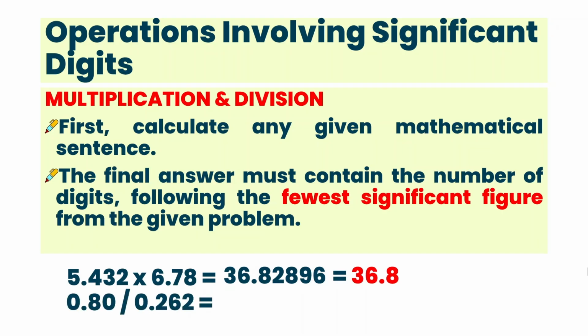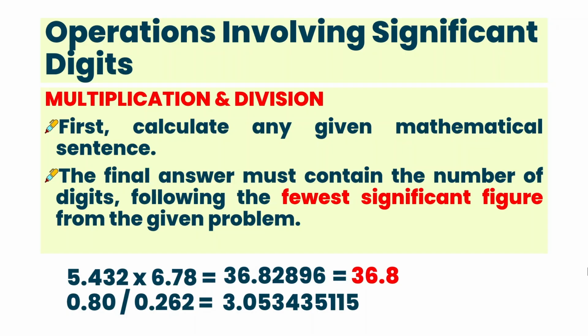How about if we divide the numbers? 0.80 divided by 0.262. First, let's calculate it using your calculator. We come up with 3.053435115. And then this is not the final answer yet. We have to follow the fewest significant figure from the given problem.